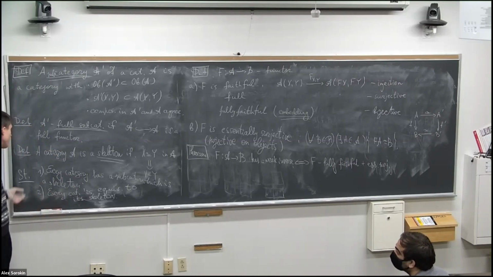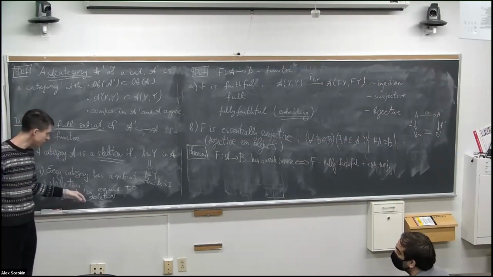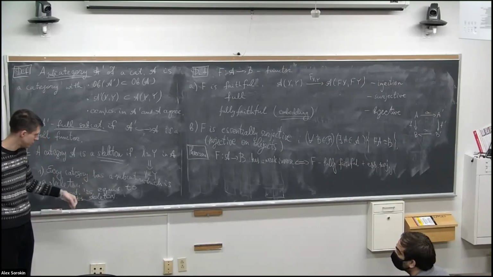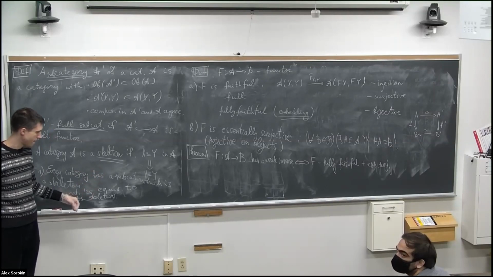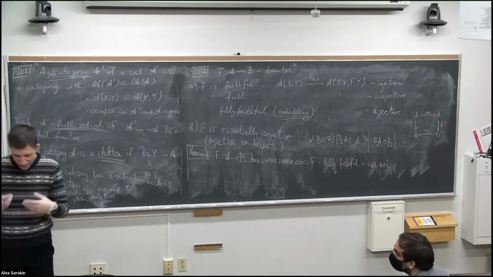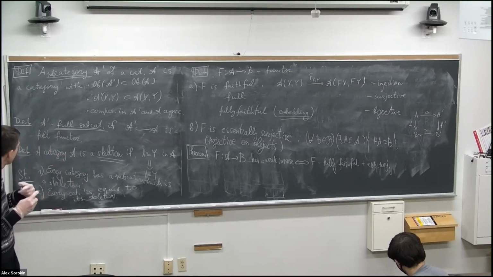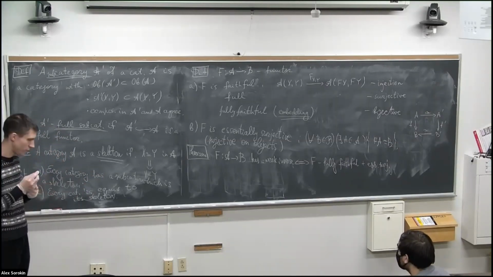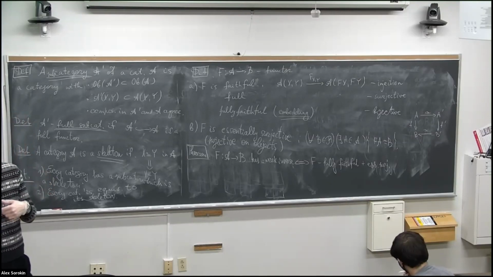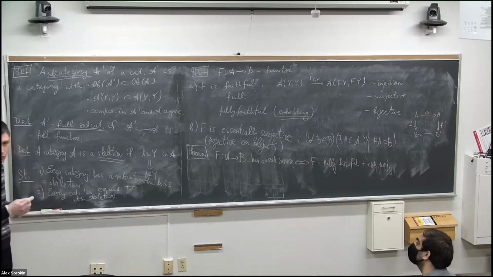From equivalence, from the fact that the composition of two functors is isomorphic to the identity, it follows that one of them is full and one is faithful. So yes, it will follow that it's a full subcategory.